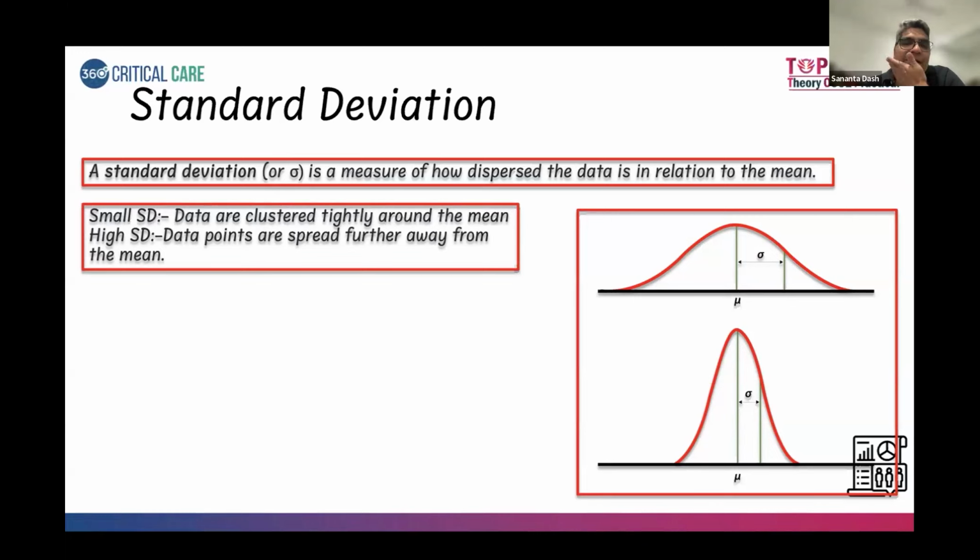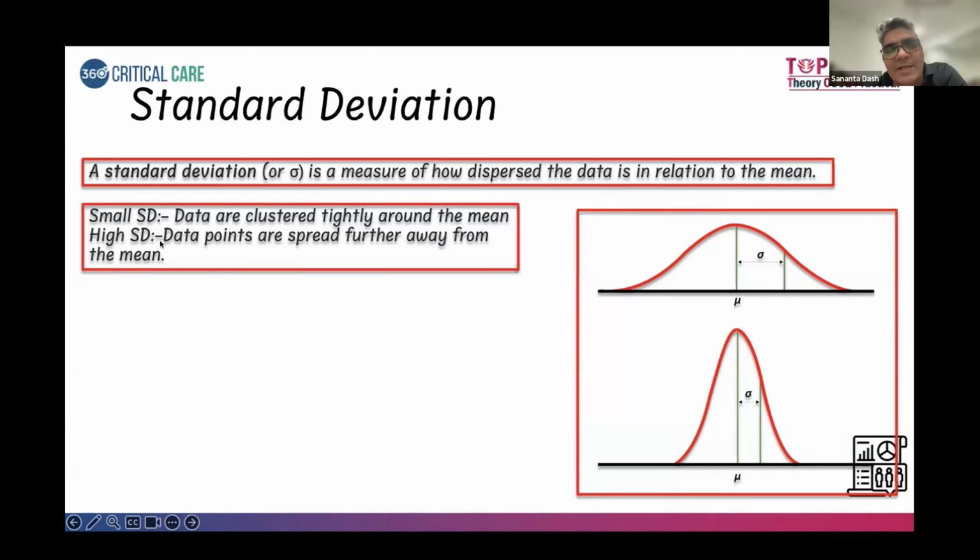So standard deviation can be small, or it can be big or large. A small standard deviation means that the data is clustered tightly around the mean. As you can see, the standard deviation is small, the intercept on the x-axis is small. So the data is more congested around the mean, making it a peaked curve, right?